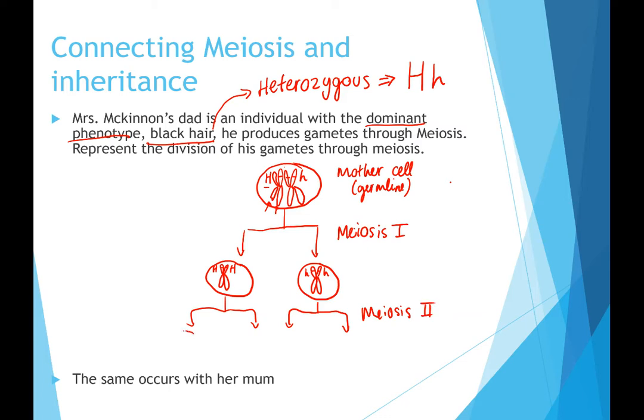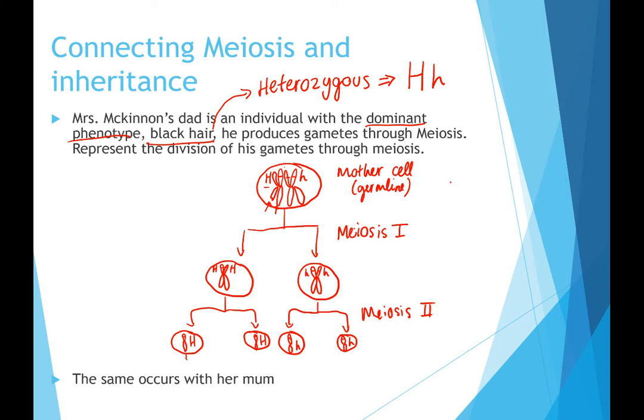Okay, and then we're going to end up with, obviously these are all the same size, I'm just getting stuck for space, and each one of these is going to have a single linear chromosome. All right. And if you look, these two on the left are going to have the big H allele, and these two on the right are going to have the little h allele.